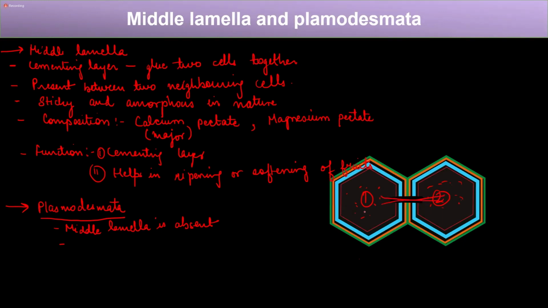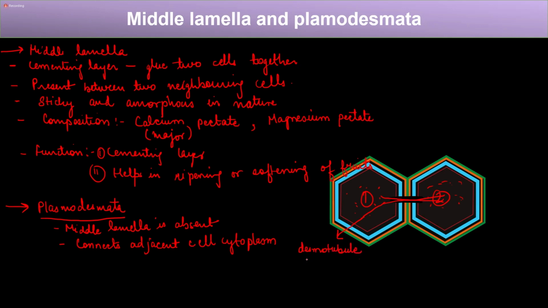So you can write that plasmodesmata connects adjacent cell cytoplasm. And how is it connecting? Through a special structure called the desmotubule.